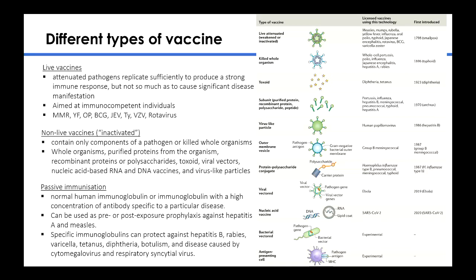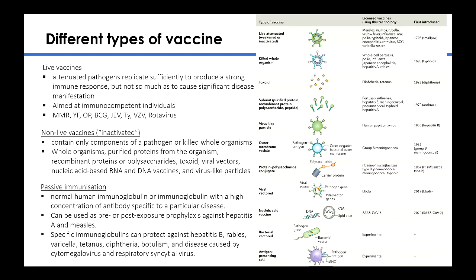Non-live vaccines, it's quite a broad classification because it includes everything else. So killed, whole killed, toxoid, subunits, which can be purified, recombinant, polysaccharide or peptide vaccines, so it's quite broad here. Virus-like particles, the VLPs, as we have in the HPV vaccine.